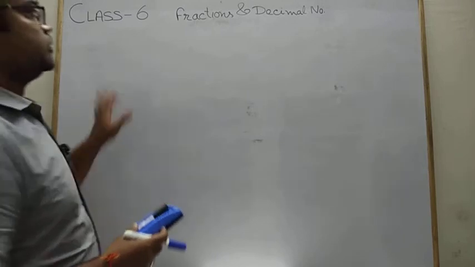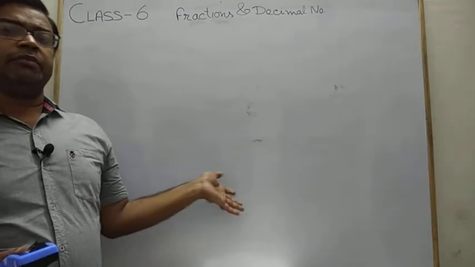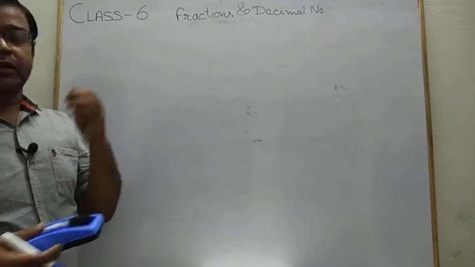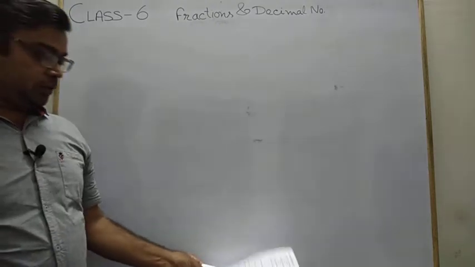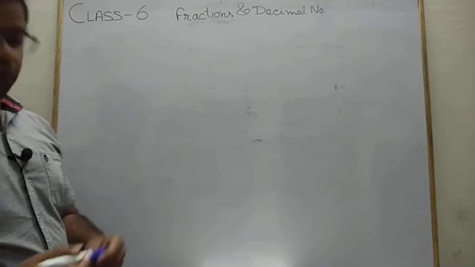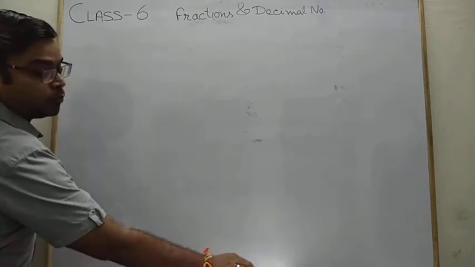One by one we'll discuss each type of question we discussed just now, and then you will be able to solve the questions given in your maths book, generally known as problems.